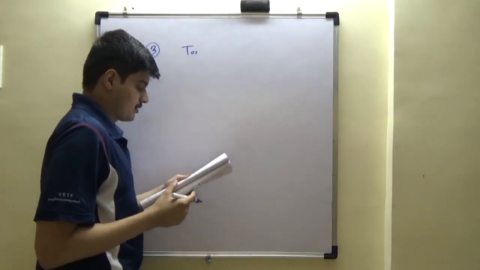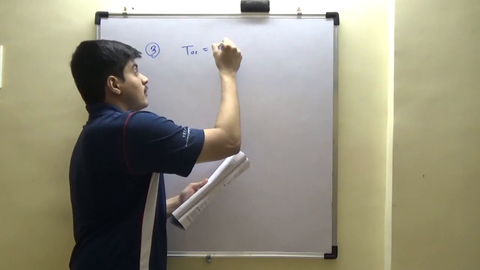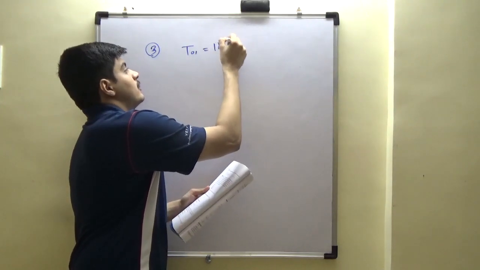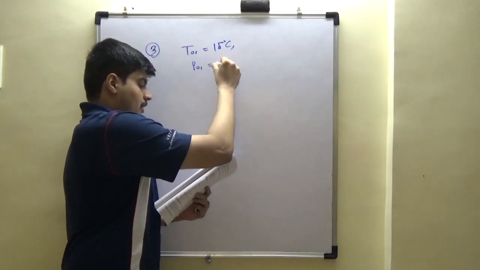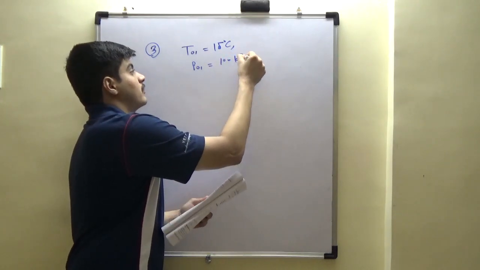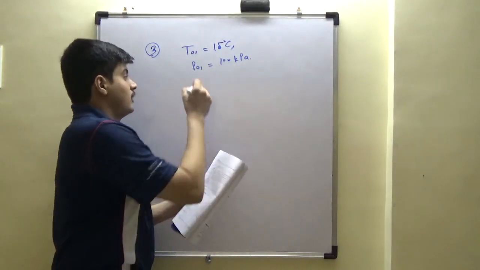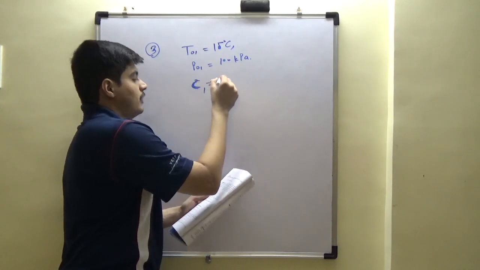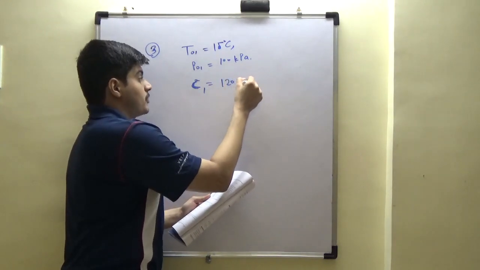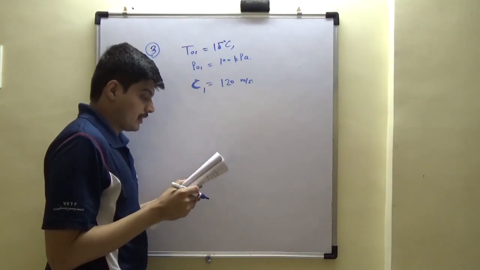They have given me 15 degrees Celsius as stagnation temperature and stagnation pressure as 100, which means I can reduce everything to 0. What is C1? 120 meter per second, absolute, right? Absolute frame of reference.